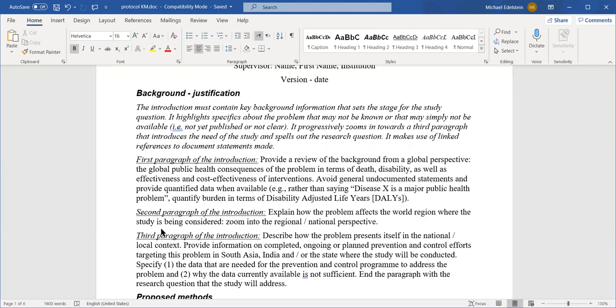So think about that, and always think about who is your audience, and you have to reach the right balance between making a compelling story but keeping it short and brief and to the point.